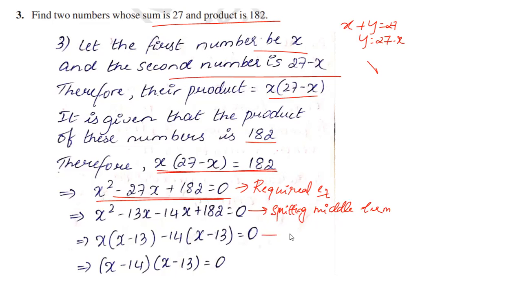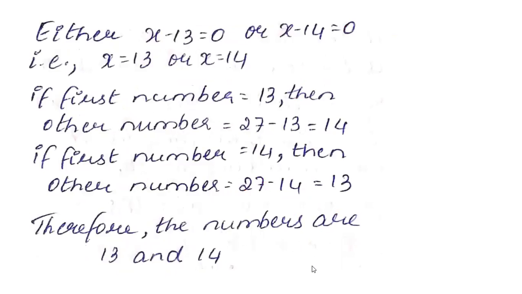And this is known as grouping. And this step is getting to linear factors. Either x minus 13 or x minus 14 is equal to 0.